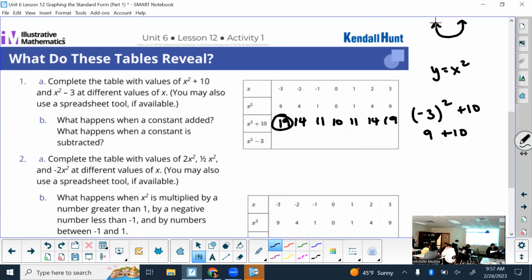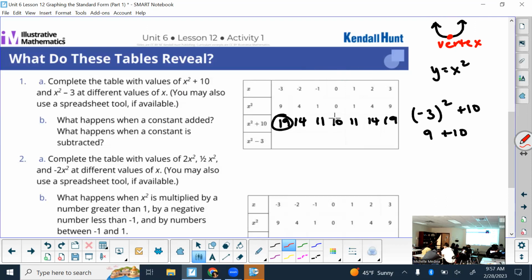Do you guys happen to know what a vertex is? You might have heard it in lesson 5 and 6, but I don't know that we've ever actually defined it. Landon? Good. So our vertex is going to be the turning point of the graph, just so you know. For these, you can identify the vertex when it's not having the same output.